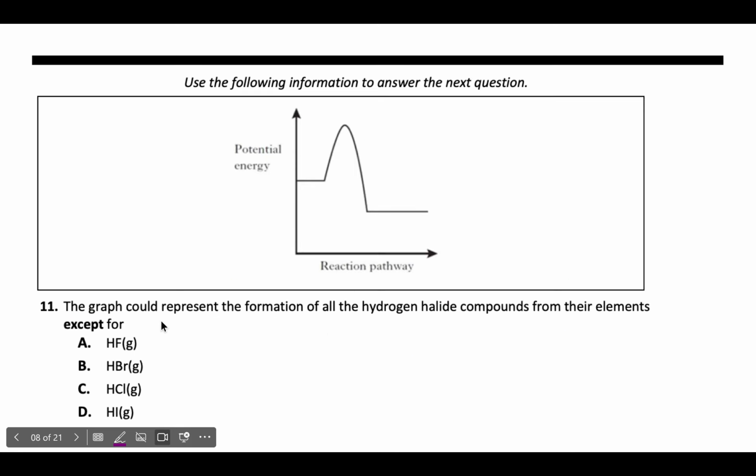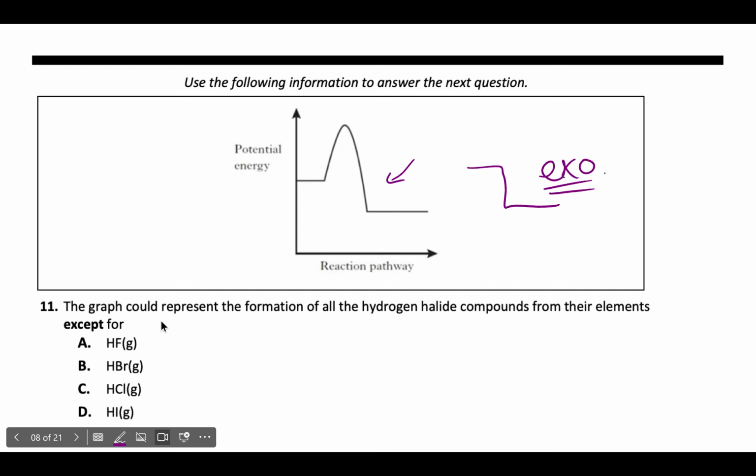Okay, number 11, asking about this potential energy diagram of all the hydrogen halide compounds, which one wouldn't represent that. What we want to look at is that because it's that drop, it is an exothermic reaction.